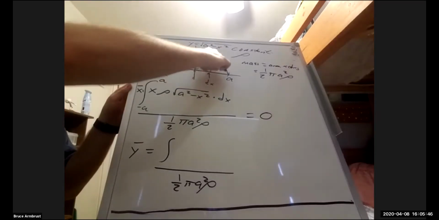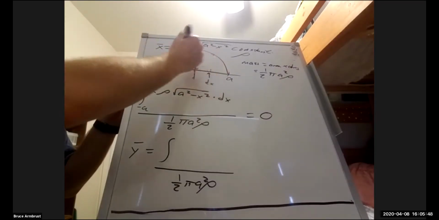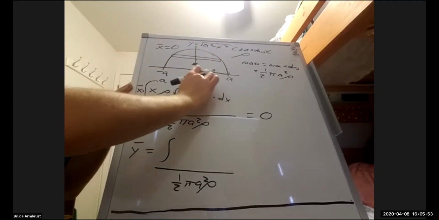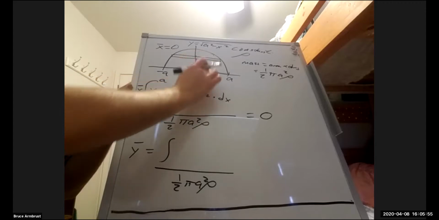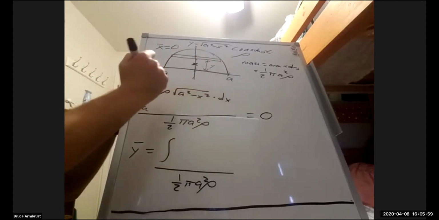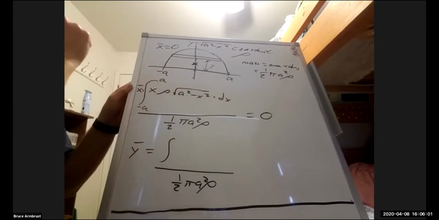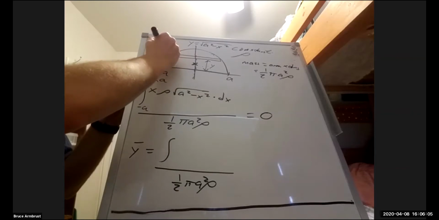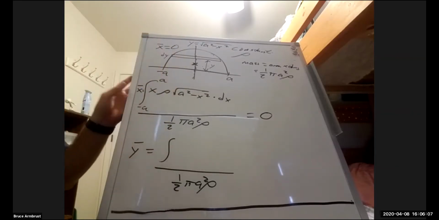This time we're going to go with horizontal strips, because a horizontal strip holds all the points that are the same distance away from the x-axis. So we're going to be some distance y away, right? And then we're going to have a thickness of dy.